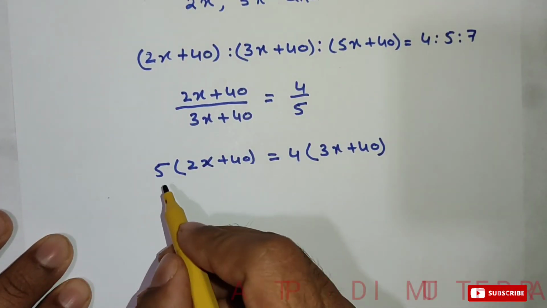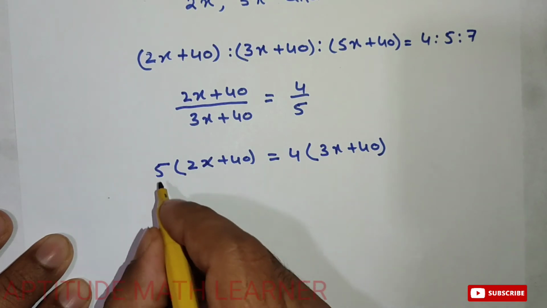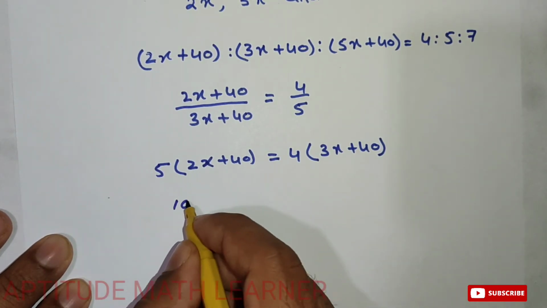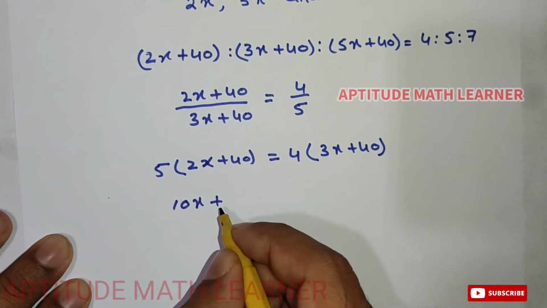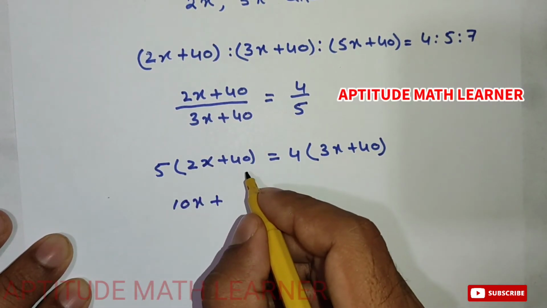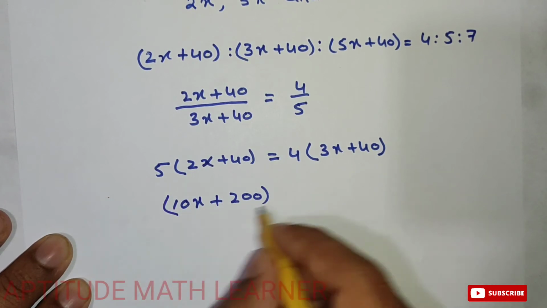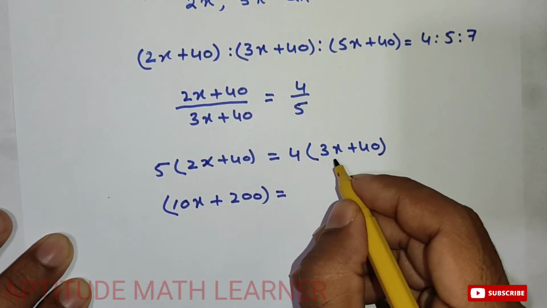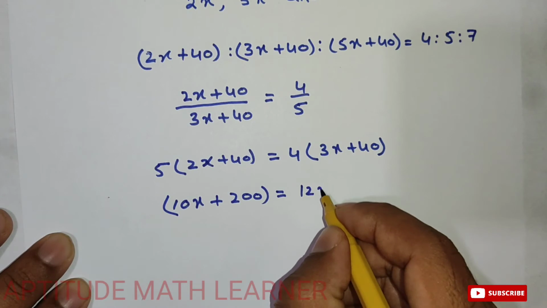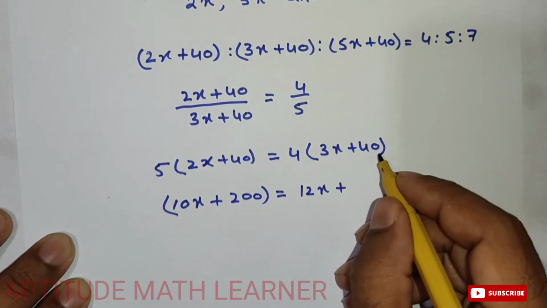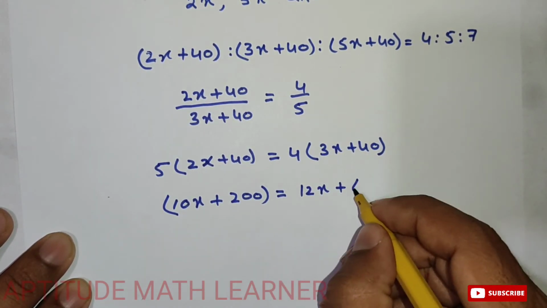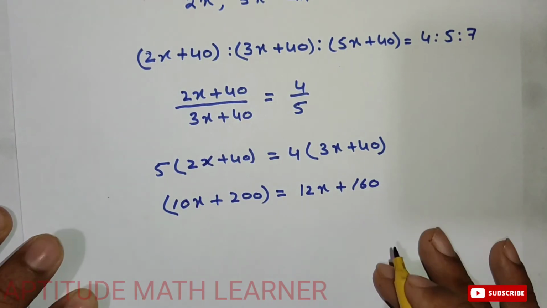After multiplying, 5 times 2 is 10x plus 5 times 40 is 200, is equal to 4 times 3, that is 12x, plus 4 times 40, that is 160.